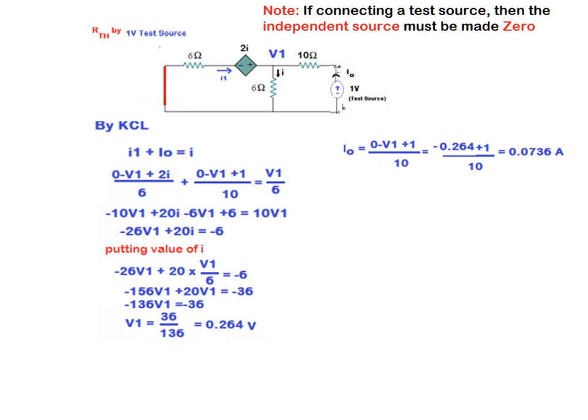We found V1 from here, so put the value of V1, and now we find I naught to be 0.763 ampere. So we have V and we have I naught. So we now find R Thevenin is 1 volt divided by I naught, 1 over this. So it is 13.58 ohm.